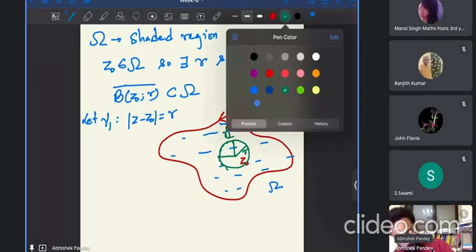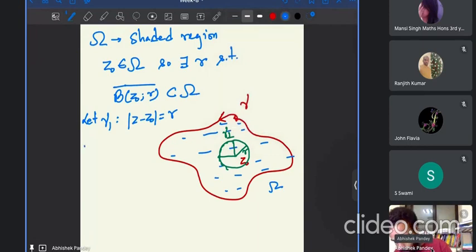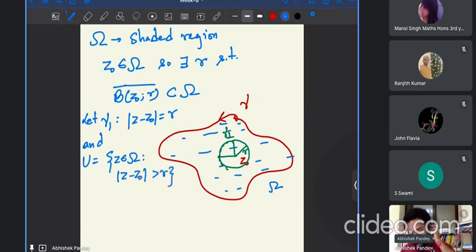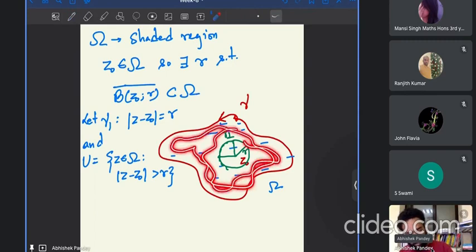Now let us denote by u the set of z belonging to omega such that mod of z minus z naught is greater than r. So this part outside is the u. This whole part is your u.